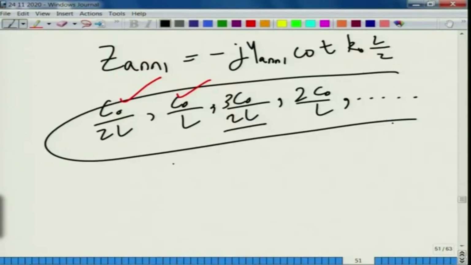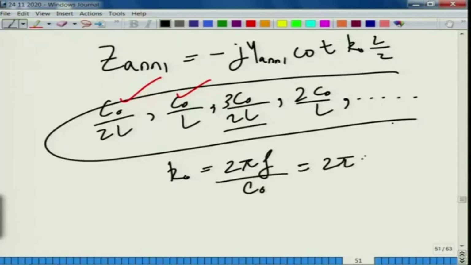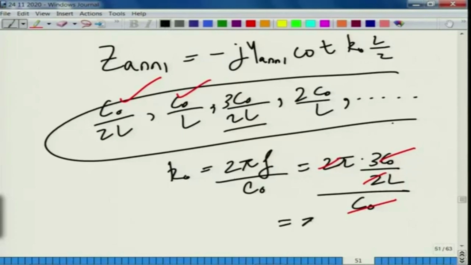K naught for such a case will be 2 pi into F by C naught, that is 2 pi into 3 C naught by 2L by C naught. So, let us start cancelling the terms. C naught is cancelled, 2 pi is cancelled, and it is equal to pi by L. So, this is what we are going to get for K naught.